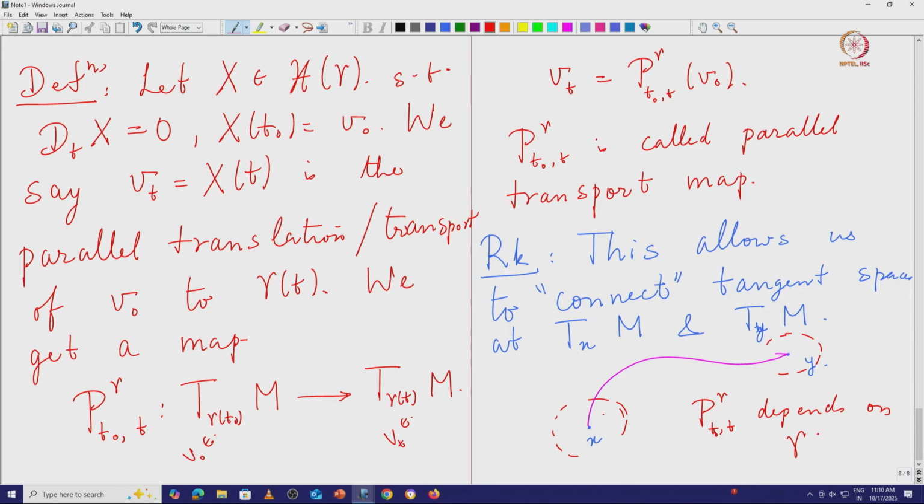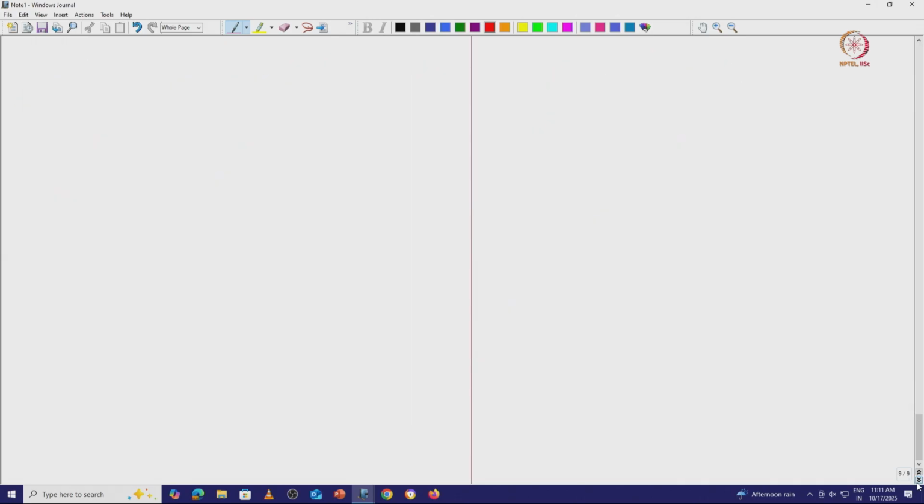And in fact how much this depends on gamma is also an important thing to study, but we will not talk about that in this course. I think that will take us too far away from what should be our main focus. Okay, but let me maybe end this lecture by discussing a couple of important properties of the parallel transport map.